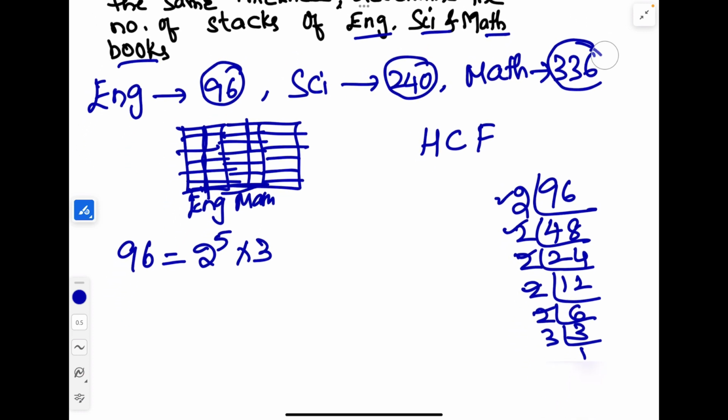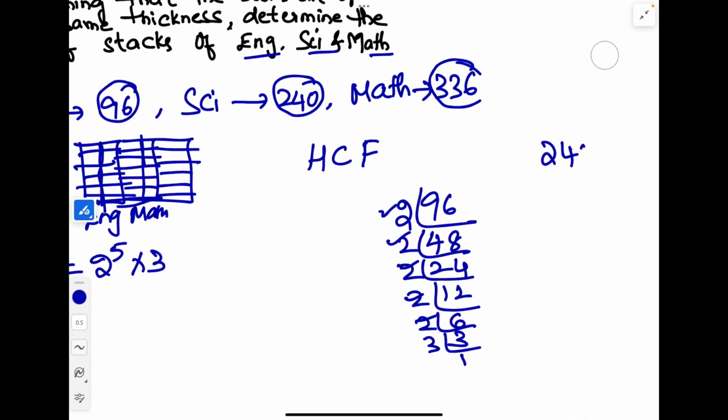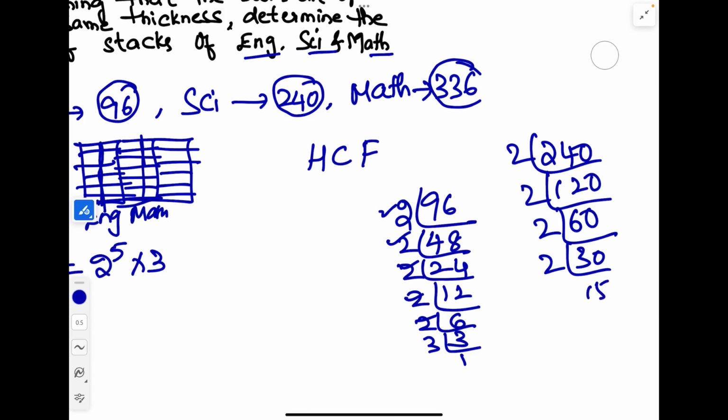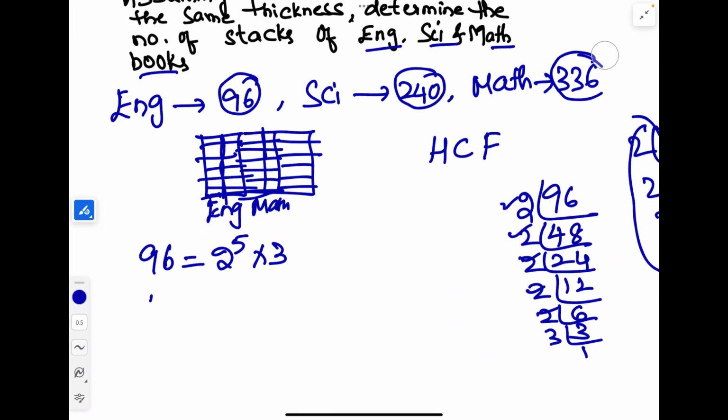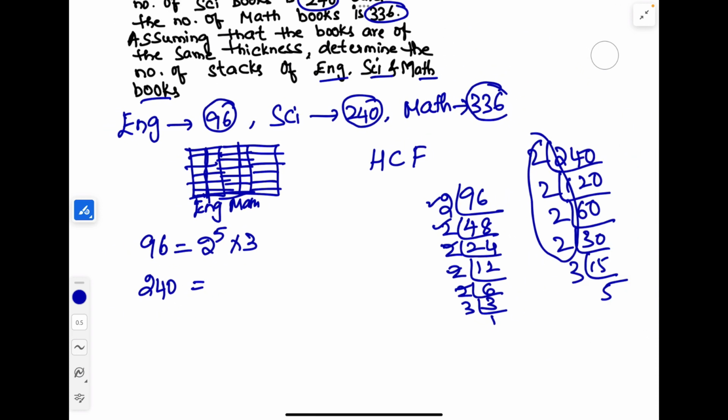Now let us take the factors of 240. 2 times 120, 2 times 60, 2 times 30, 2 times 15, 3 times 5. So we can write it as 2 power 4 into 3 into 5. So 240 we will be writing as 2 power 4 into 3 into 5.